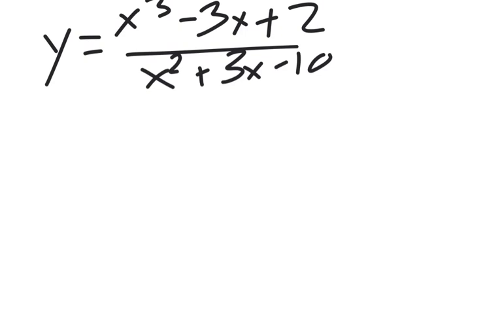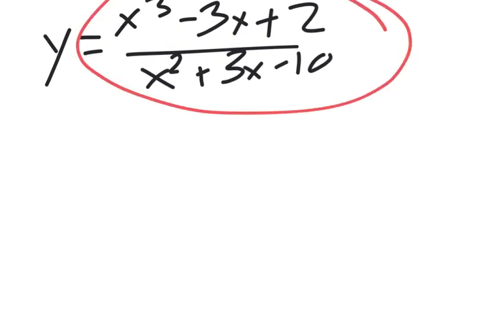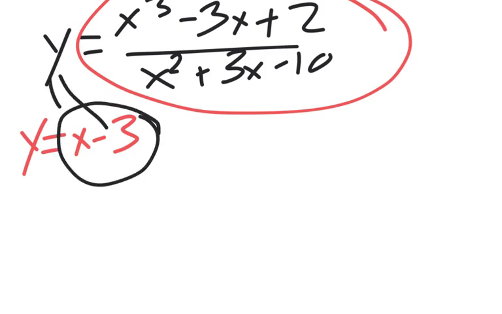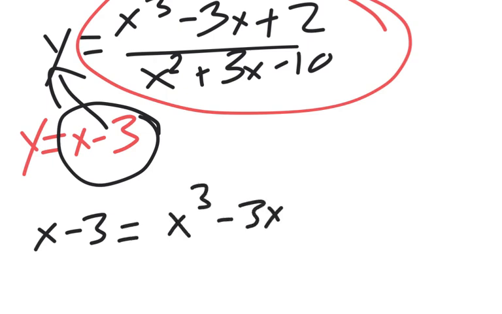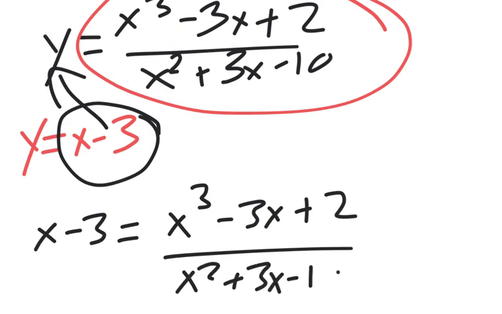And now I'm wanting to check, where does this function intersect with x minus 3? So I'm looking for where those y values are equal. So I can plug x minus 3 in for y here. Just algebraically, x minus 3 equals x cubed minus 3x squared plus 2 over x squared plus 3x minus 10.